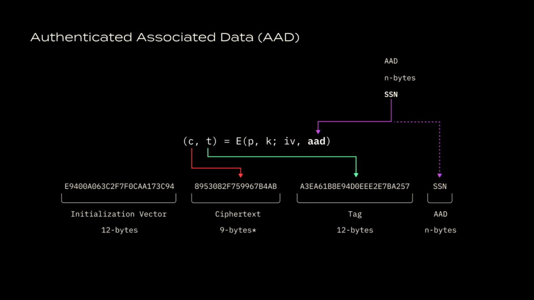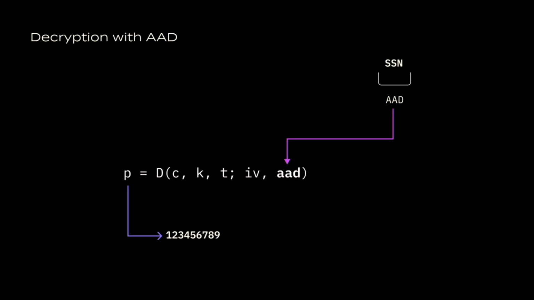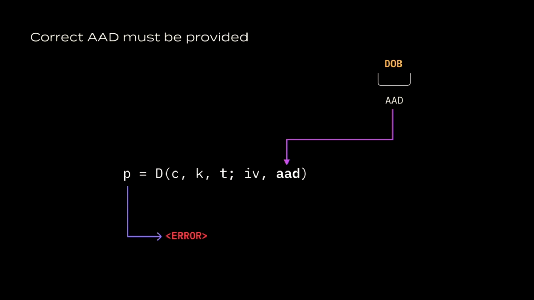It's essentially taking some additional non-sensitive data, in this case just an information string, SSN, or social security number, for example, and proving that that information string is authentic and is always available when I'm trying to do decryption. So that way, if I try to decrypt and I don't provide the correct associated data, then the decryption will fail.